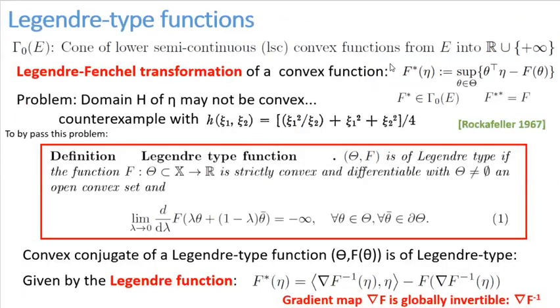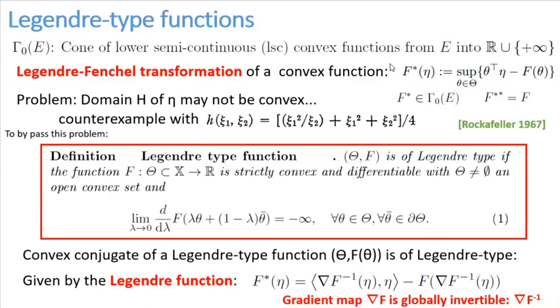So what is a nice multivariate convex function? It's a Legendre type function. The problem is that if we apply the Legendre transform to a lower semi-continuous convex function, it may be that the domain is non-convex. This was a counterexample in 1967.